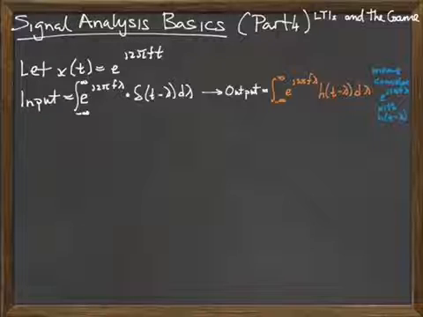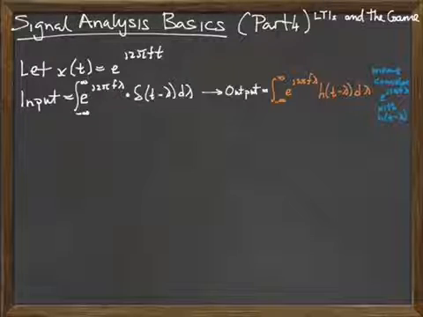So our input will now be the integral from negative infinity to positive infinity of our function x of lambda, so e to the j2 pi f lambda times delta t minus lambda d lambda.